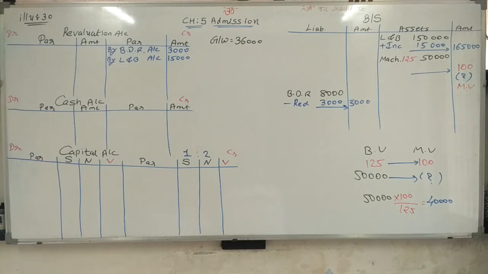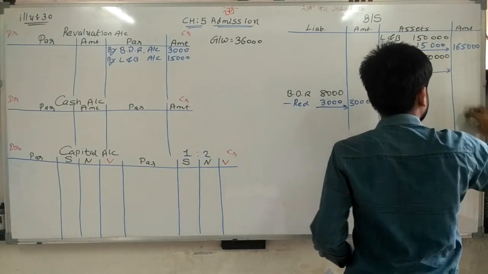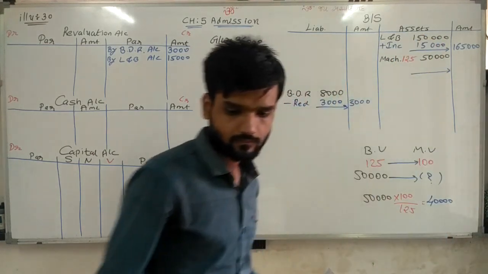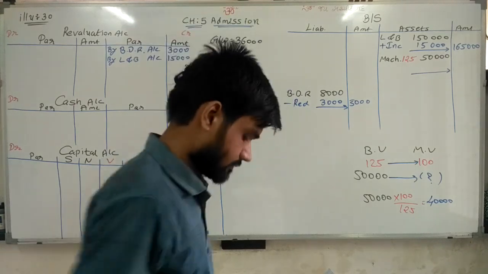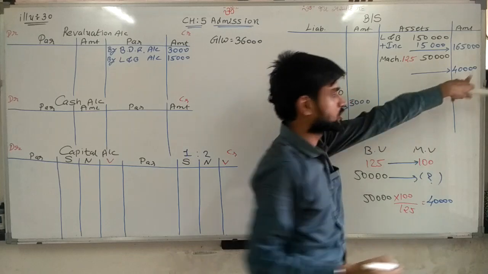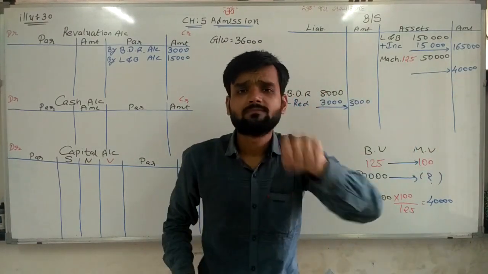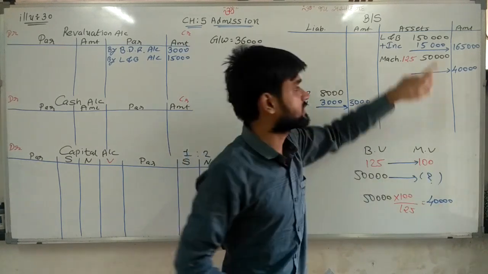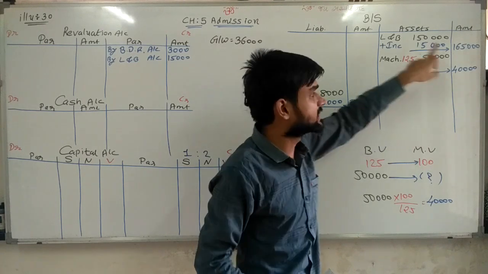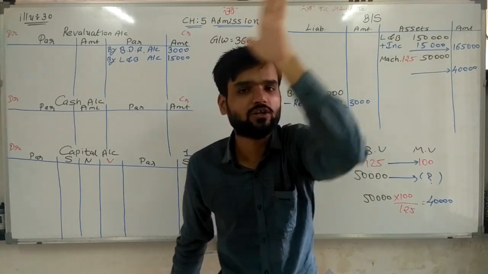So I am clearing the board and writing in the outer column 40,000. Now you can compare also. 40,000 plus 25% becomes 50,000. So compared to 40,000, this is 25% more. So 40,000 plus 25%, you will get 50,000.